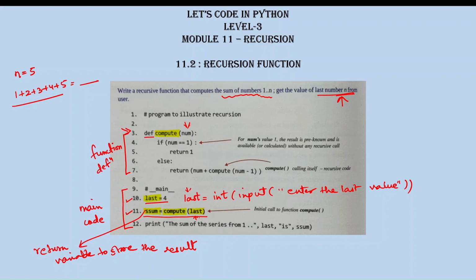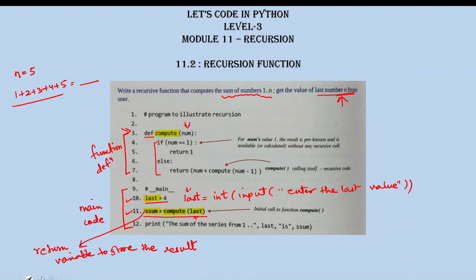In this example, we are passing only one argument, and the name given to that variable is num. Now this is the function body. We already know how a function is written: we write def, the name of the function, within brackets we pass the argument, then we put the colon, and next, indented, we have the function body.